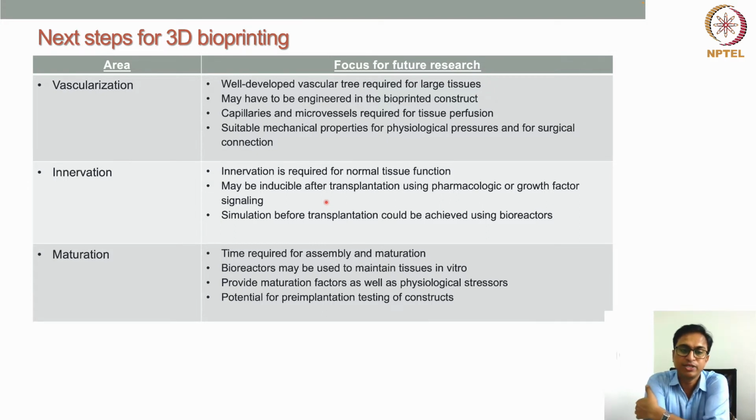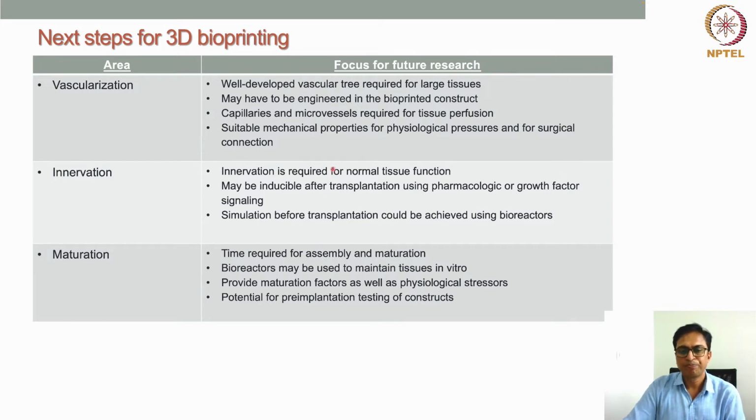Other than this, there are nerve conduits. There are strategies by which nerve conduits can be fabricated by bioprinting, and those nerve conduits can be transplanted whenever there is a nerve cut or something. We can put these nerve conduits in place so that the electrical signal can continuously transmit through them to other areas.